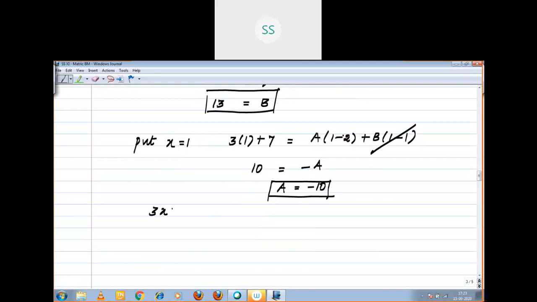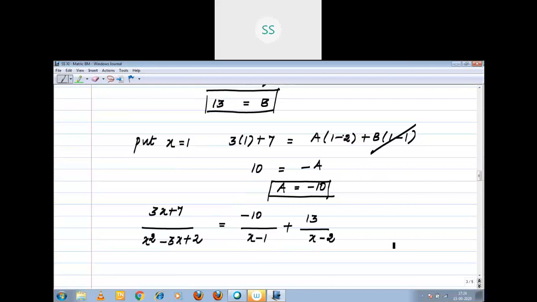Now what is your single fraction? 3x plus 7 divided by x square minus 3x plus 2 equal to minus 10 divided by x minus 1 plus 13 divided by x minus 2. Got it, children? The single fraction I converted and wrote in terms of a sum of two simpler fractions. Say yes or no? Yes.